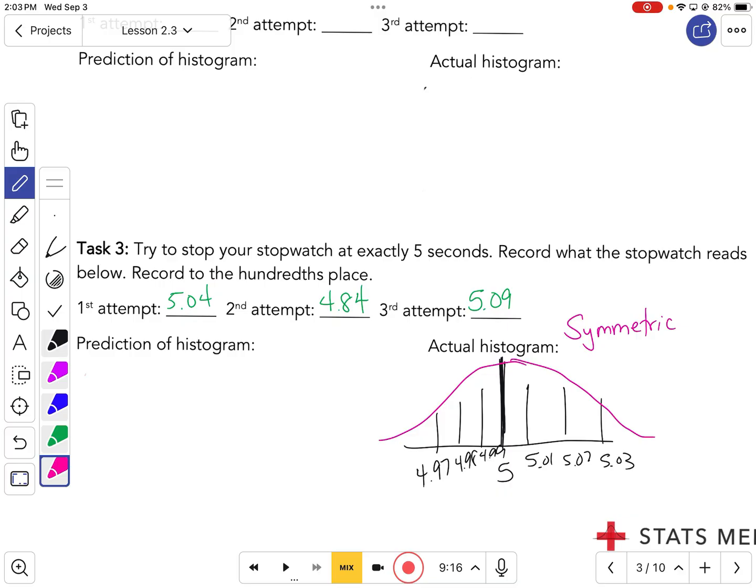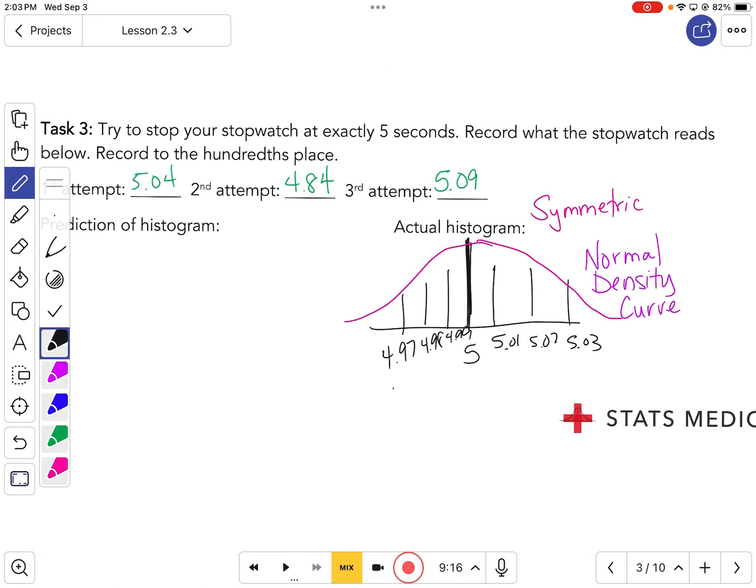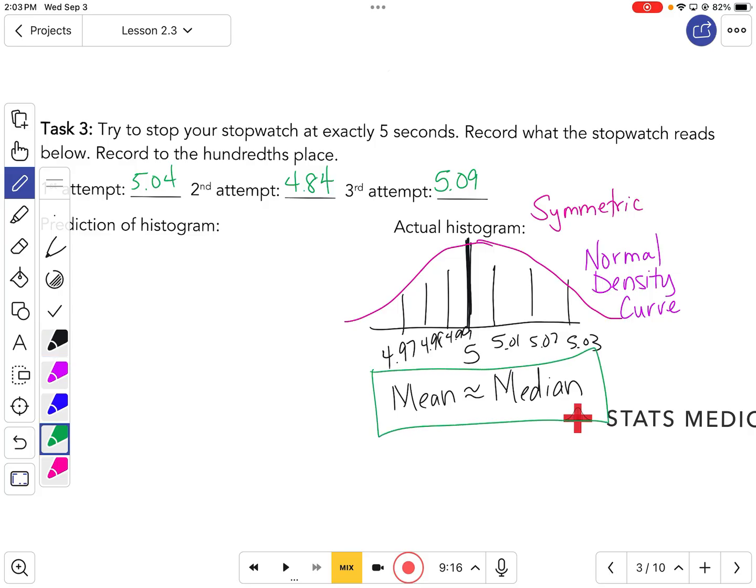It's referred to as a normal density curve. And the neat thing about a normal density curve is that the mean is approximately equal to the median, which is really nice.